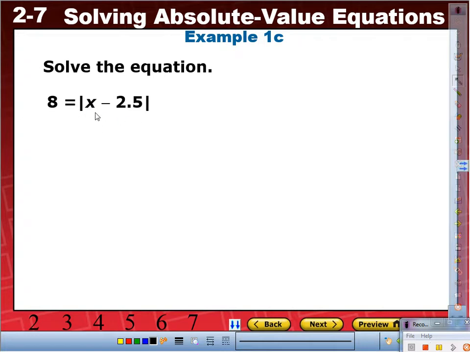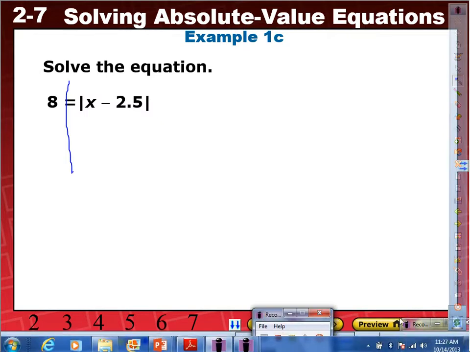No. The absolute value is already by itself. If you don't see it, let me draw my line down the equal sign. Is there anything on this side or this side? No. So at this point, what would we do if it was the other kind of equation? Let me go back to the other one.